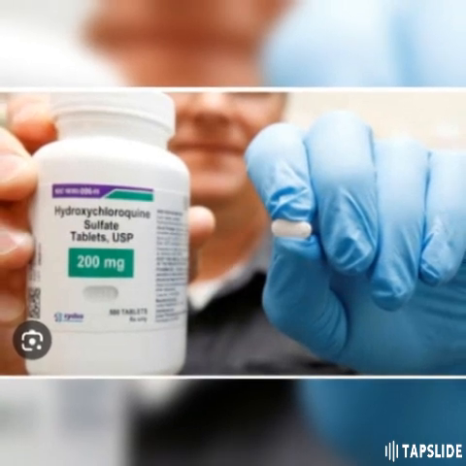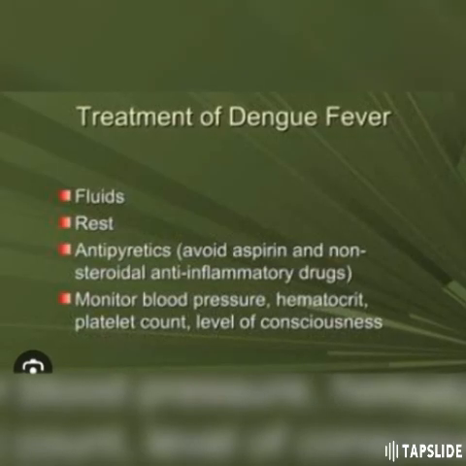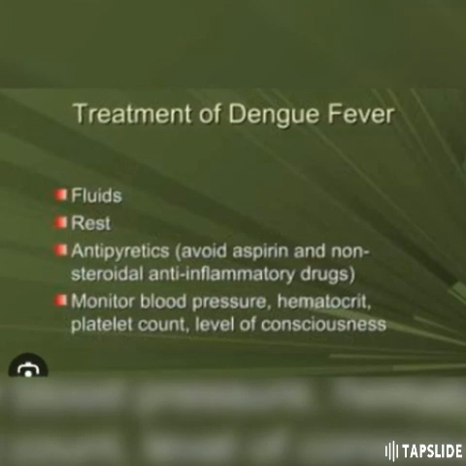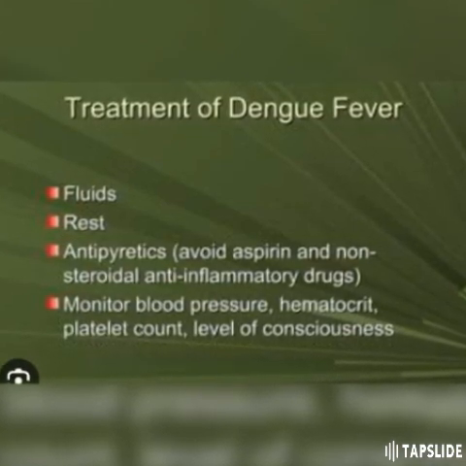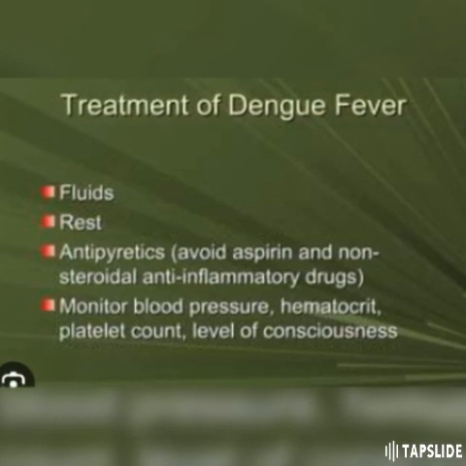The main drug is Caripyl, which is used when platelet count decreases.